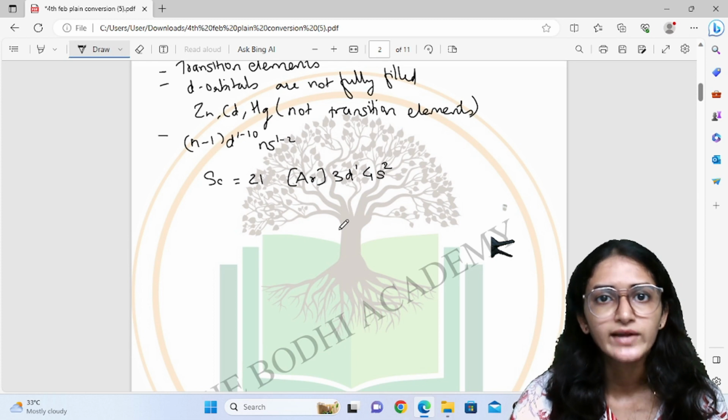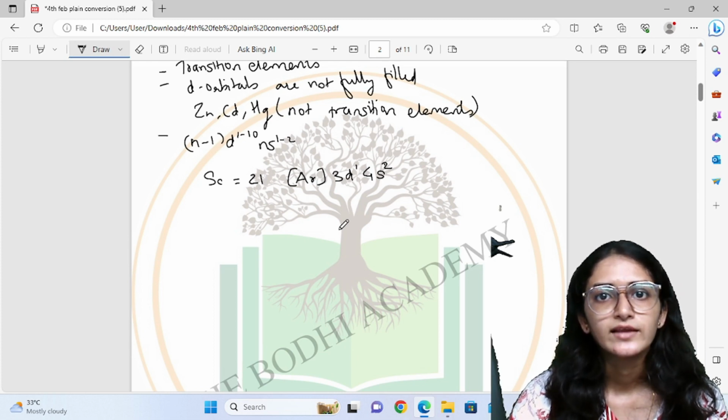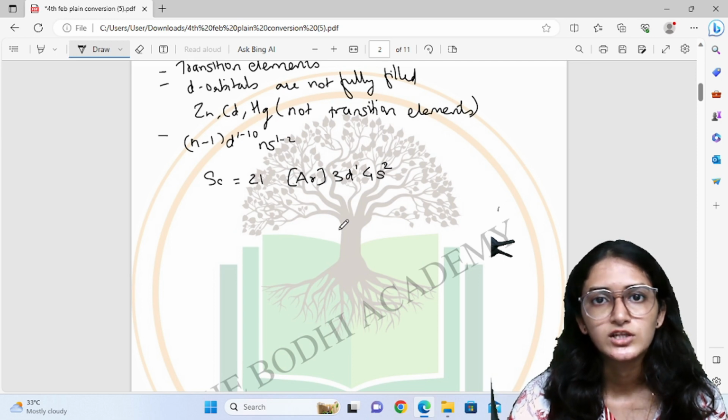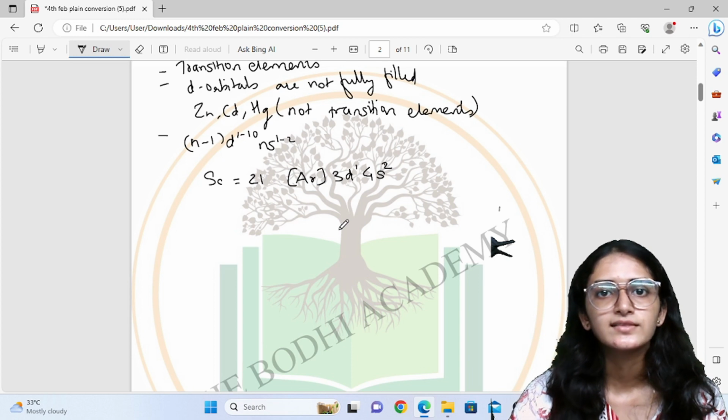For example, they have catalytic property, magnetic property, and they can form colored compounds and interstitial compounds.